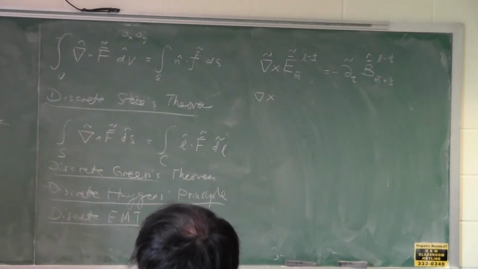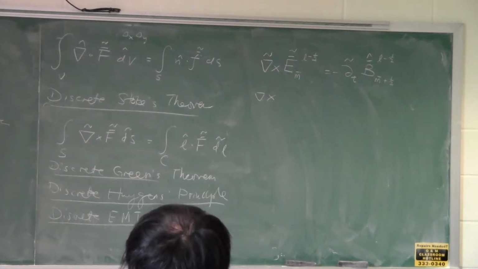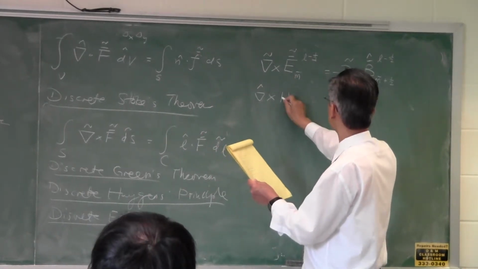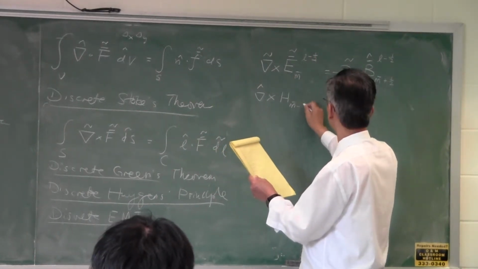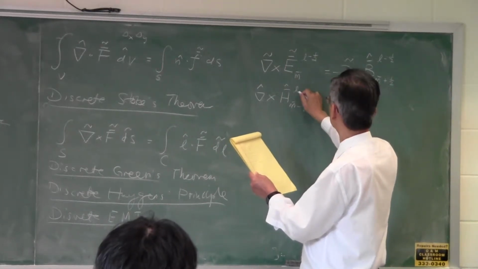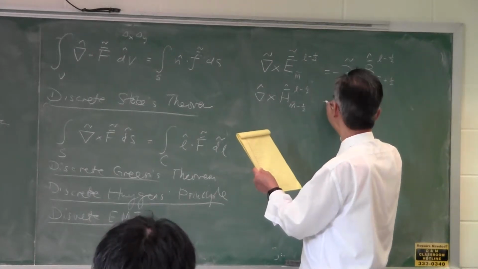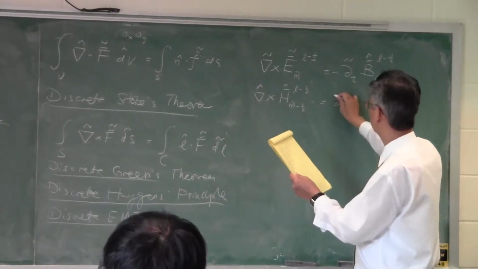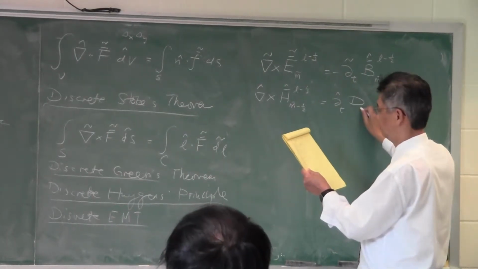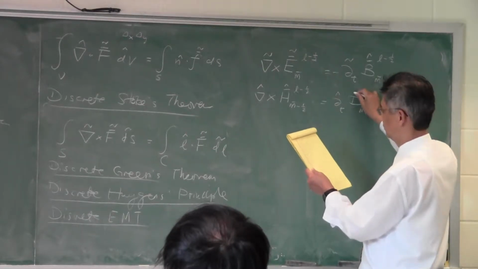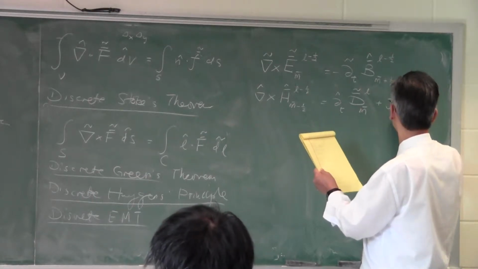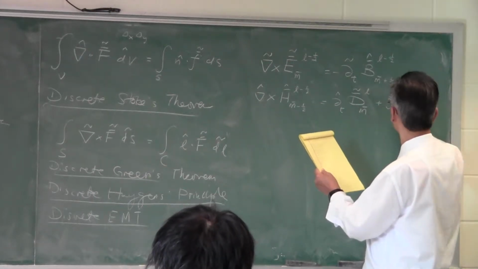And make sure that I don't write it down wrongly. It actually would have to use the curl operator operating on the magnetic fields, which are defined as vectors at the L minus half time step, is equal to this derivative operator in the discretized world, plus J at M, L minus half.